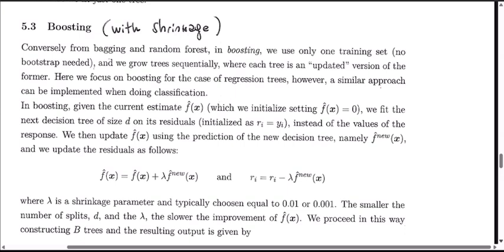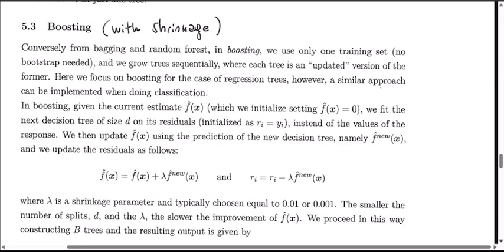Now here, conversely from bagging and random forest, in boosting we only use one training set, and no bootstrap is needed. One training set, no bootstrap is needed, and we grow trees sequentially, where each tree is an updated version of the old.